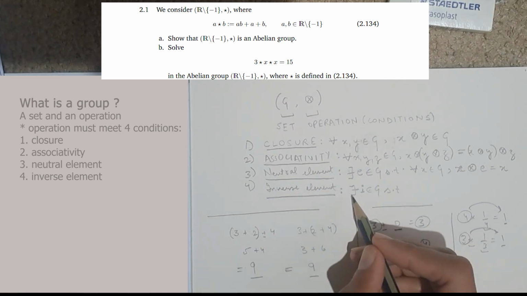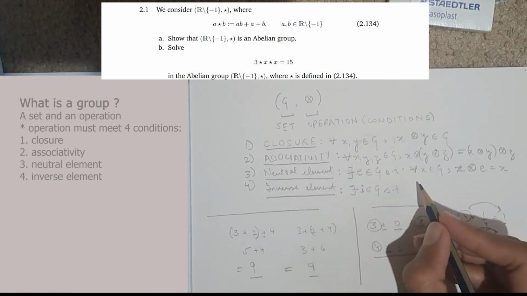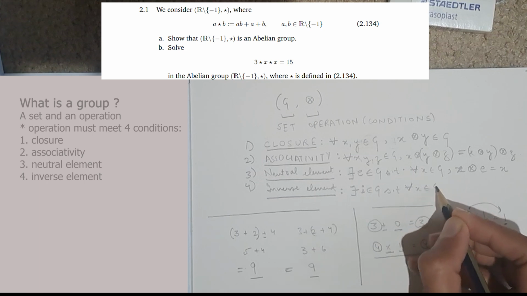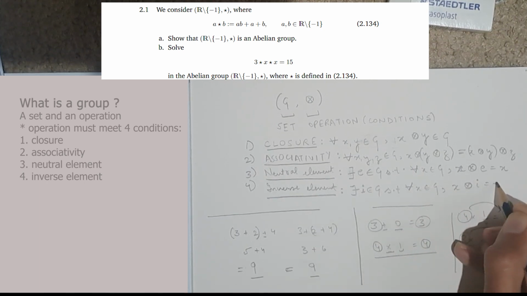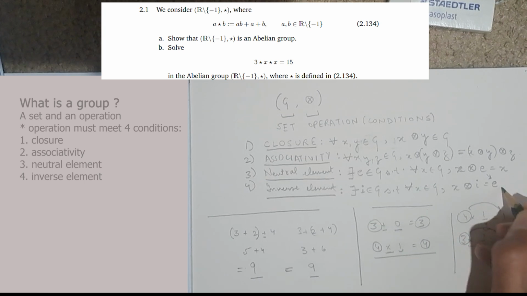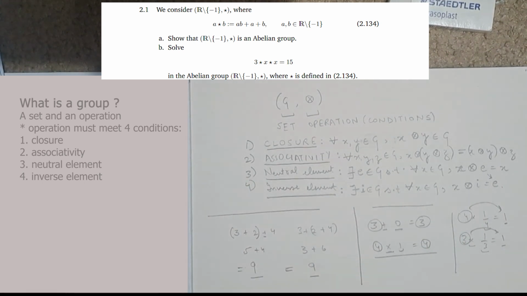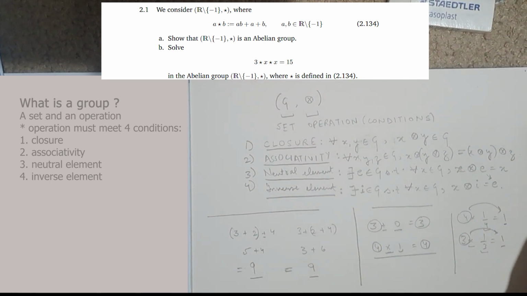So you say there exists an I in G such that for all x in G, x star I just gives the identity element from here. This is the inverse element. This is all you need to prove to say that something is a group.